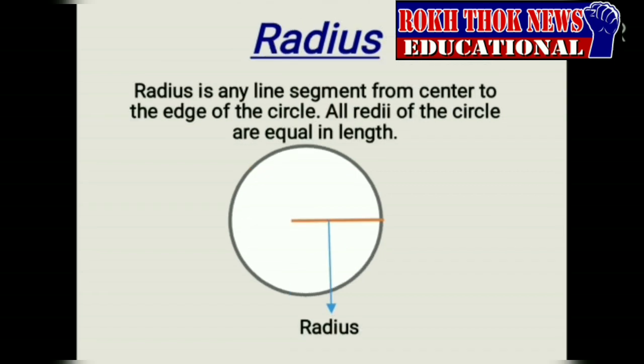Now students, next is radius. What do you mean by radius? Radius is any line segment from the center to the edge of the circle. All radii of the circle are equal in length. You can draw as many radii as you like from the center to any point on the circle, and all the radii will be the same in length.